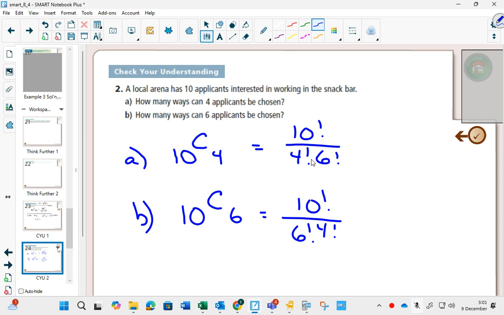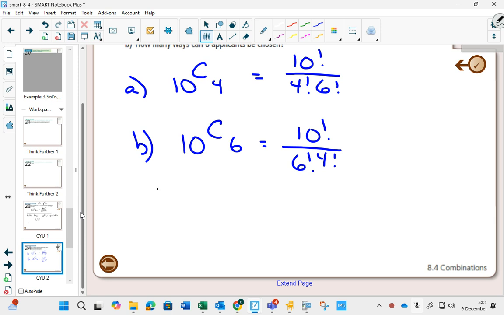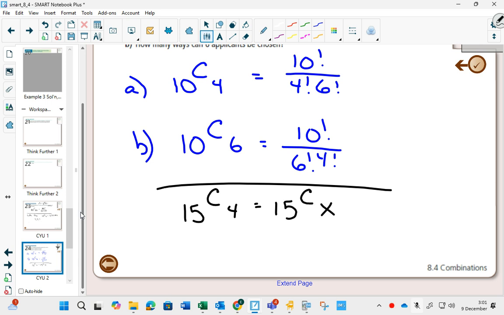And sometimes they'll have questions like this on the exam. They'll do something creative like saying 15 choose 4 equals 15 choose x, but x isn't equal to 4. I mean, it would be super easy if it was. 15 choose 4 happens to equal 15 choose 4.